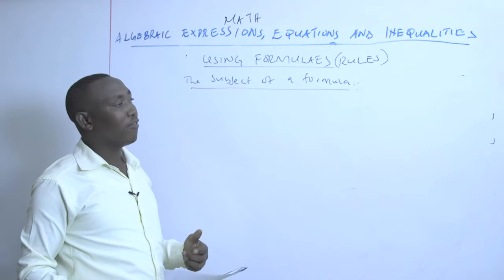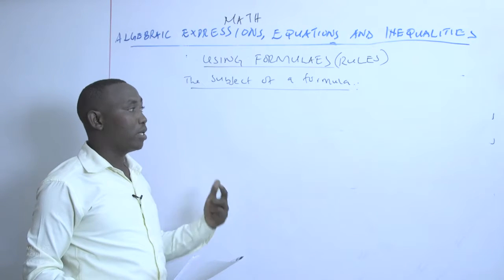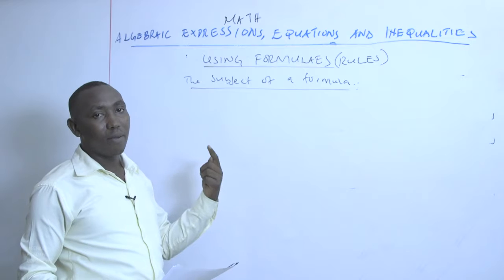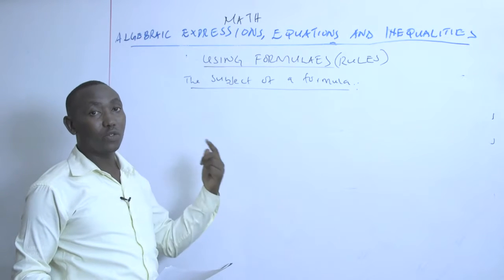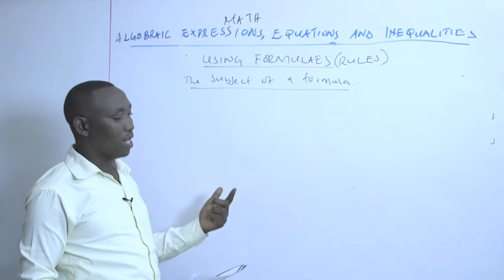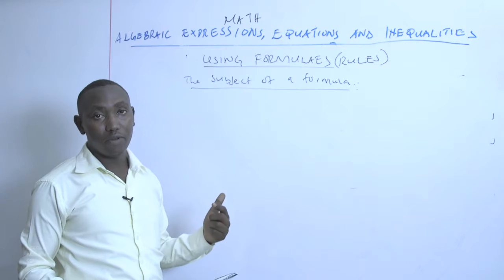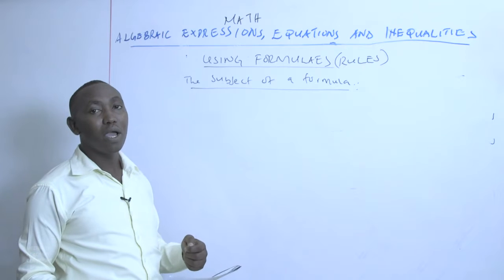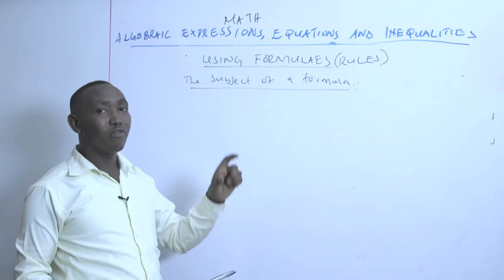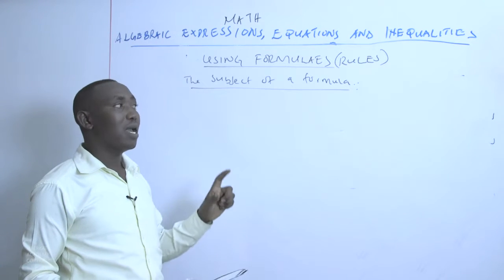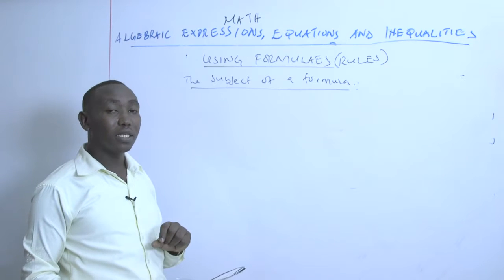The examples I've shared with you about the area of a circle, how to convert degrees Celsius to degrees Fahrenheit, and the last one on how to calculate the distance traveled when you're given velocity and time, you'll be able to discover that we have one variable on the left and then all the others are on the right hand side.